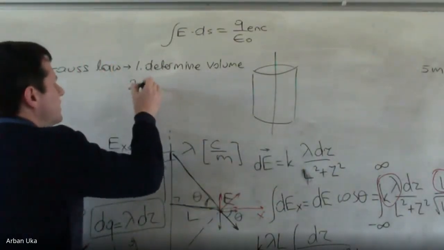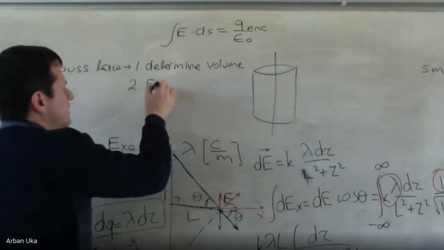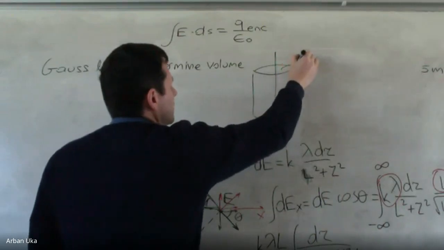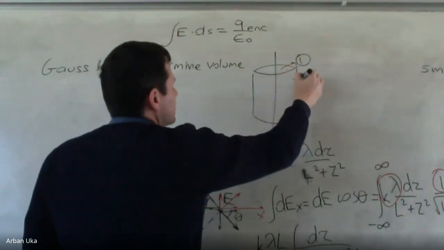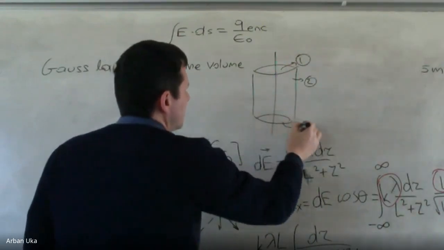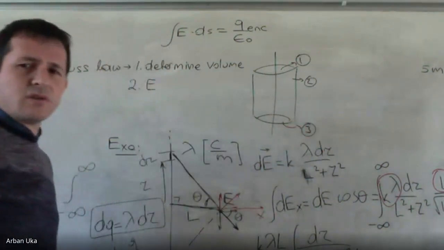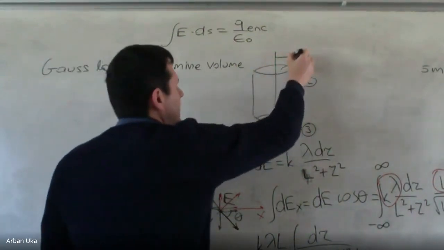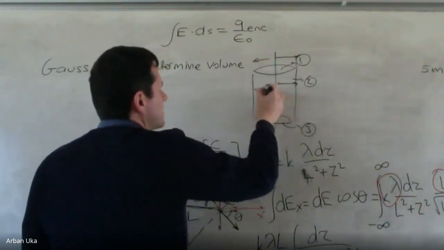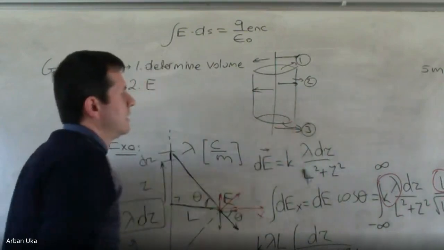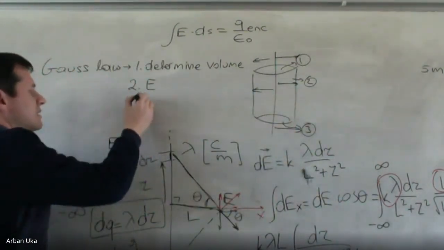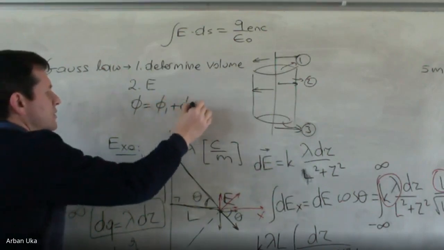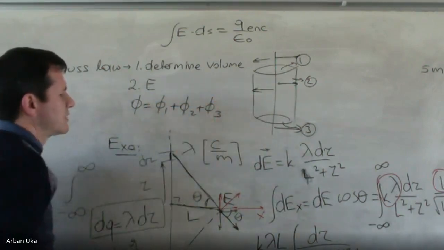Then we determine all the surfaces. We have surface 1, surface 2, and surface 3 at the bottom. So this enclosed volume has 3 surfaces. Then we look at the electric field lines. Electric field lines go like this. And the total flux is equal to the flux over surface 1 plus flux over surface 2 plus flux over surface 3.